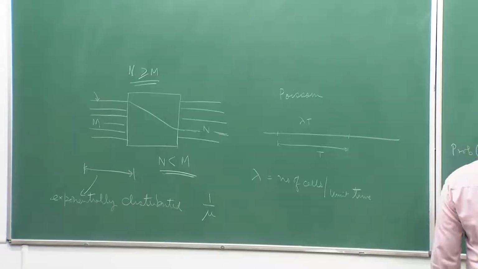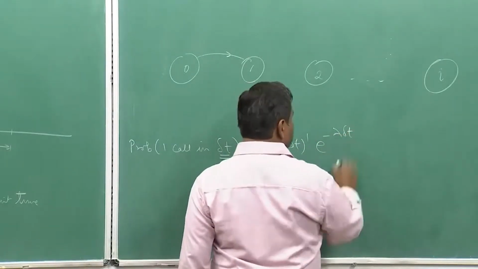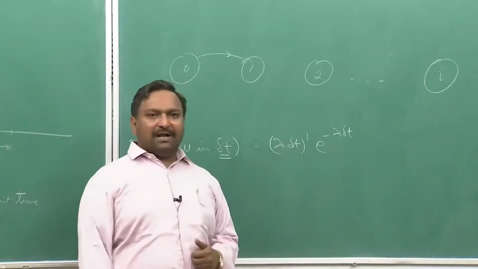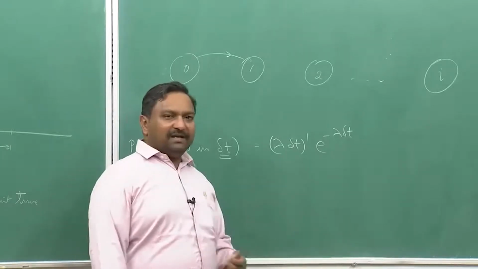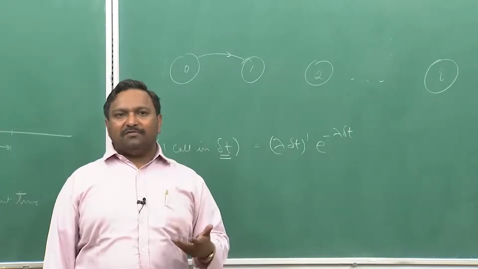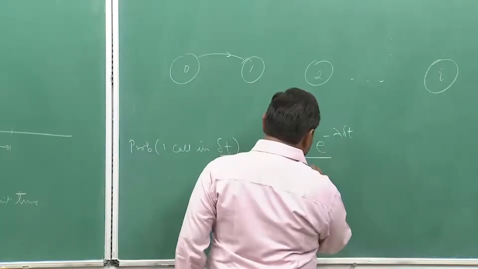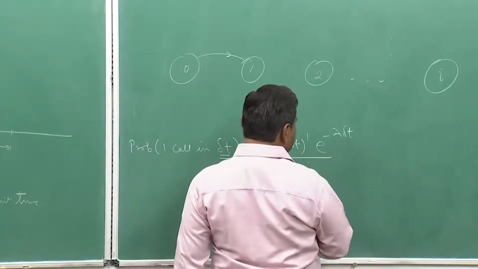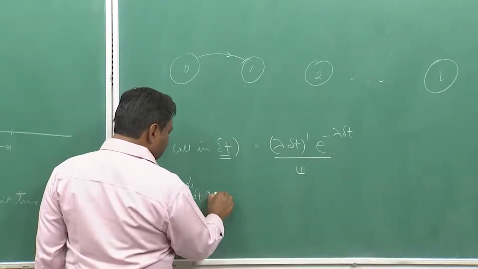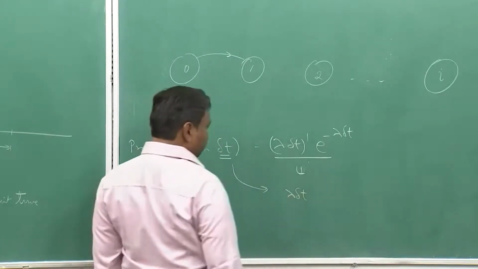So this will give me lambda into delta t raised to power 1. In fact, I can estimate the probability for 2 call arrivals also in time delta t, but I will take delta t so small that the probability of having 2 calls will be still smaller. Then I will have 1 factorial, and in the limit when delta t goes to 0, this turns out to be nothing but lambda into delta t.